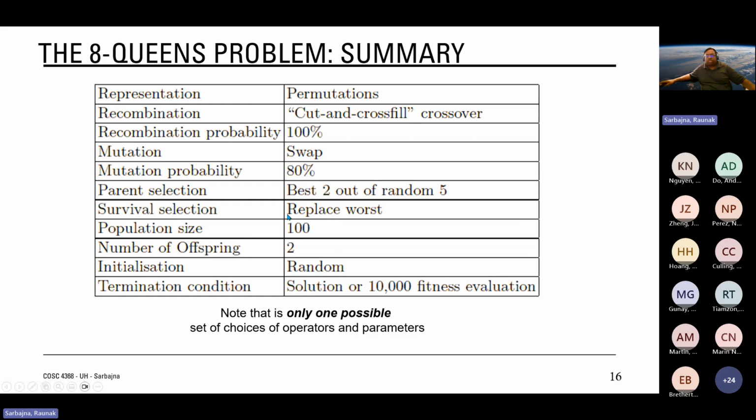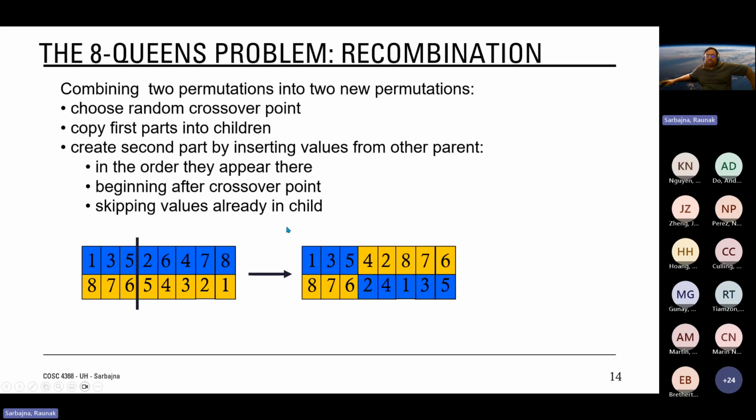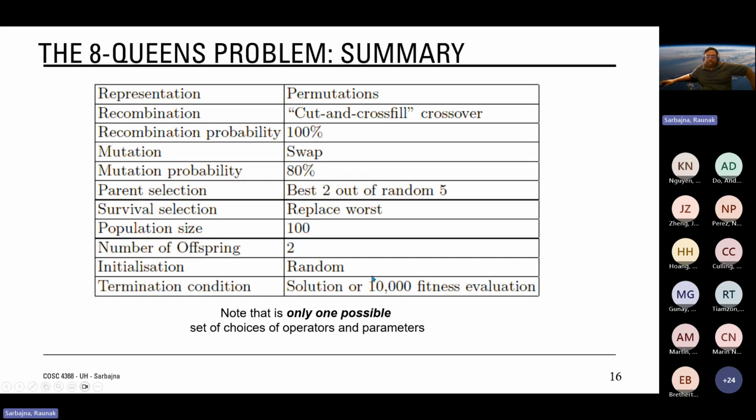Your survival selection is to replace the worst solution that is worse than the offsprings you have created. Your population size can be anything. In my test, it was random. This is supposed to be a homework assignment, which is why I have this as a summary. But we are not doing homeworks for this class. This is just an expectation of how you could formulate this problem.